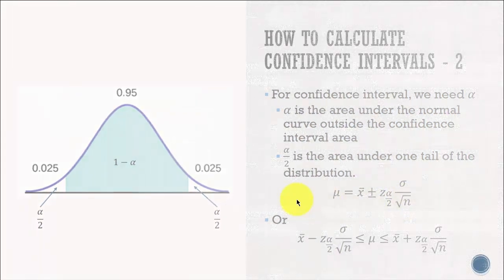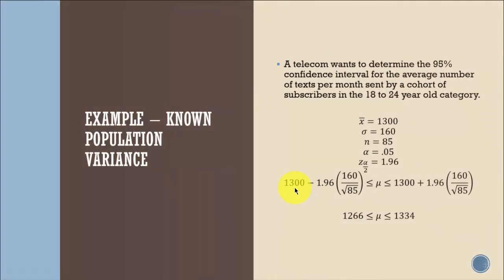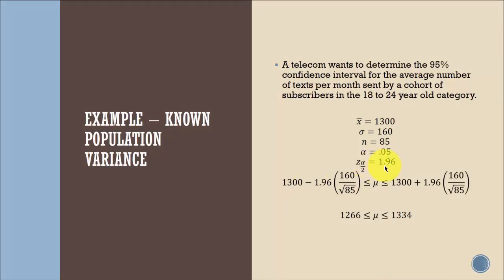So X bar in this case is 1300 minus Z alpha by 2, which is 1.96, times population standard deviation divided by the square root of the number of observations. And then we do the same here with the plus sign, and here's the answer. The answer says that the population mean is somewhere between 1266 texts and 1334 texts.